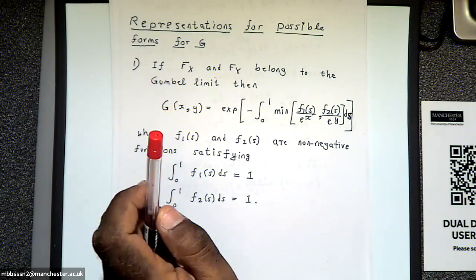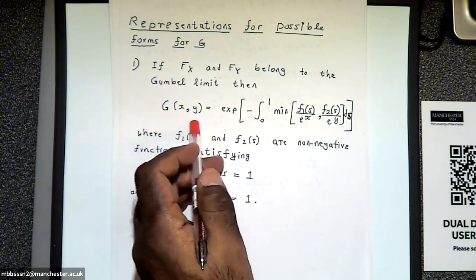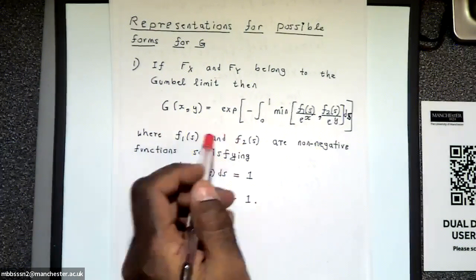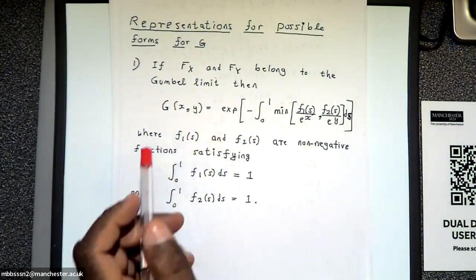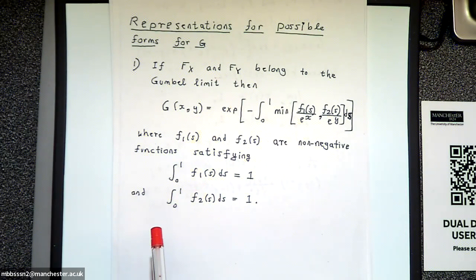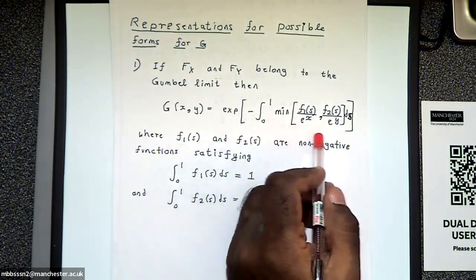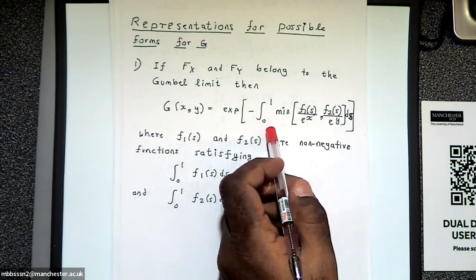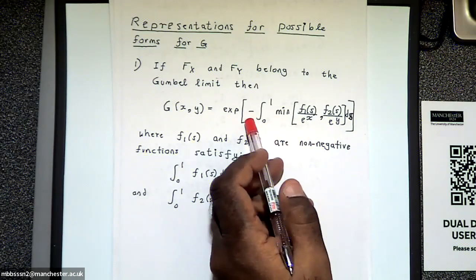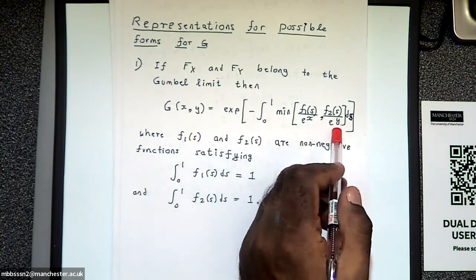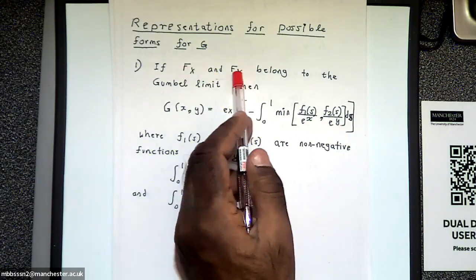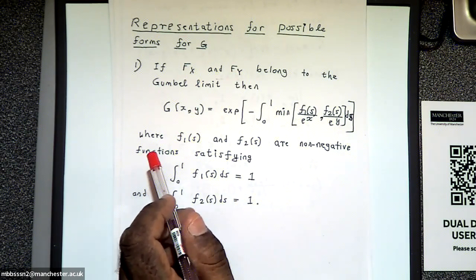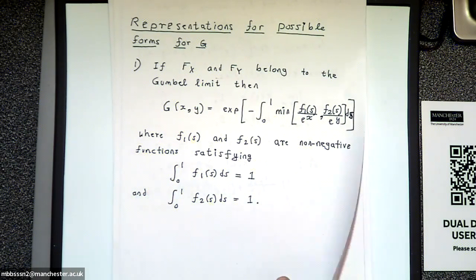In this case, the possible forms for G can be expressed in this form, where f1 and f2 are non-negative functions integrating to 1. So all the infinitely possible forms for G can be expressed in this form if these two belong to the Gumbel domain of attraction.